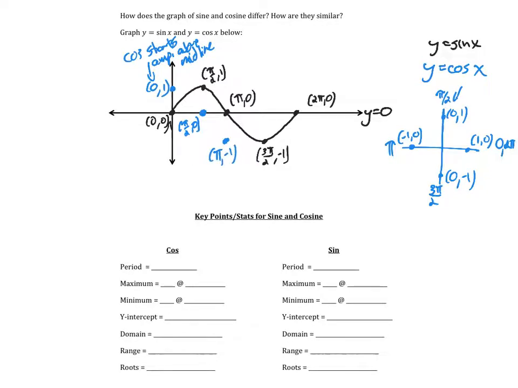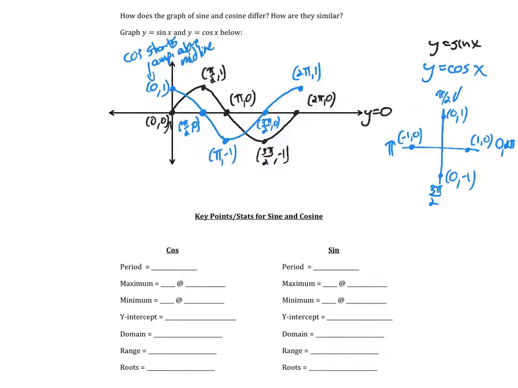At 3 pi over 2, cosine is 0. And then at 2 pi, the cosine value is 1. So I'm right back where I started, 2 pi comma 1. And if I were to connect this graph, I would get something that looks like an upside down bell or a valley of some kind.